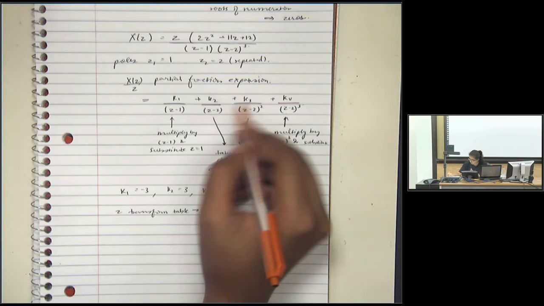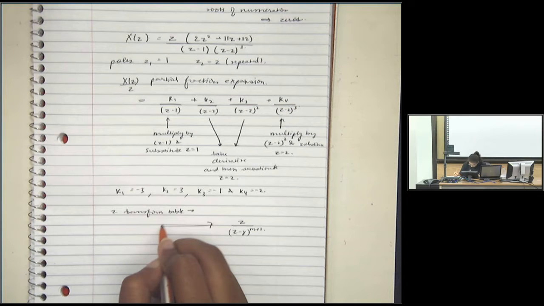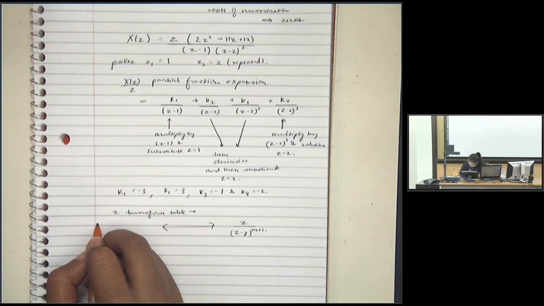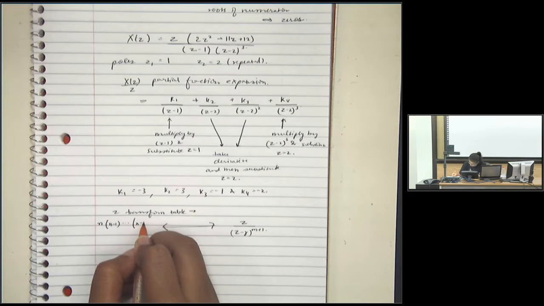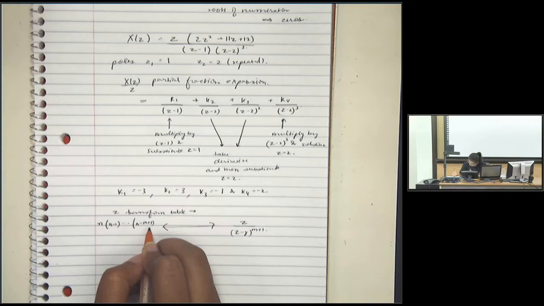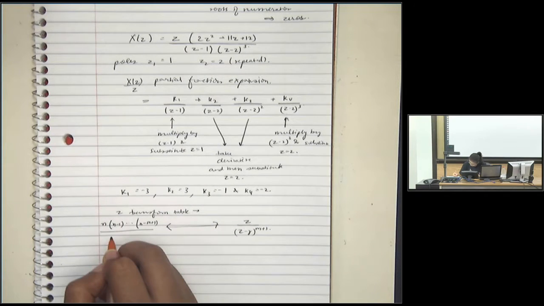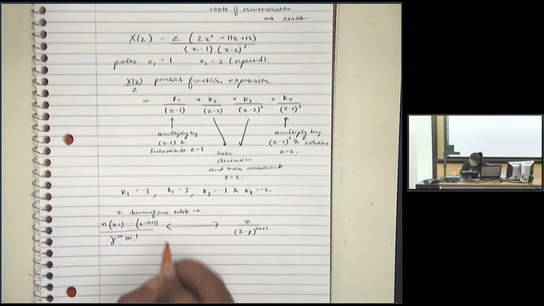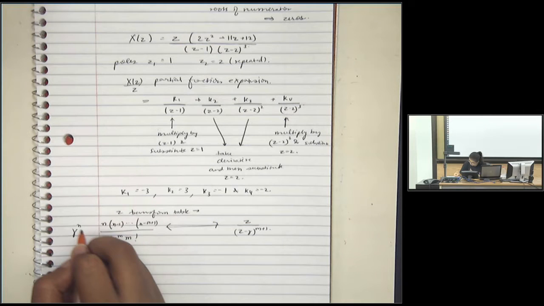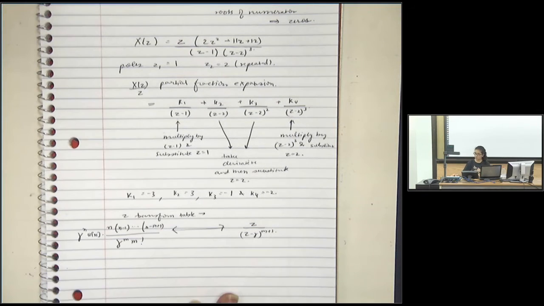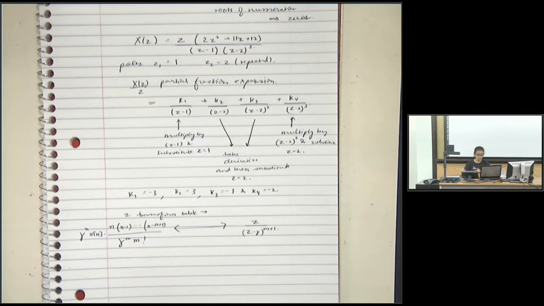Since we have powers over here, our inverse looks like n minus 1 up till n minus m plus 1 over gamma raised to power m factorial, gamma raised to power n u of n. This is again given in the table, so you don't have to really worry about this.